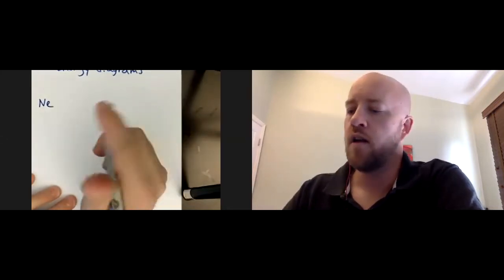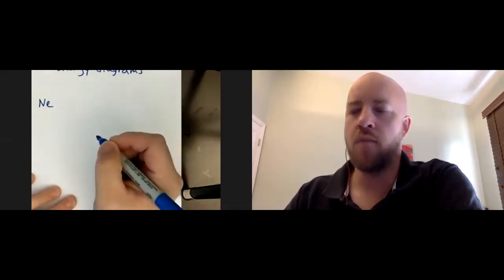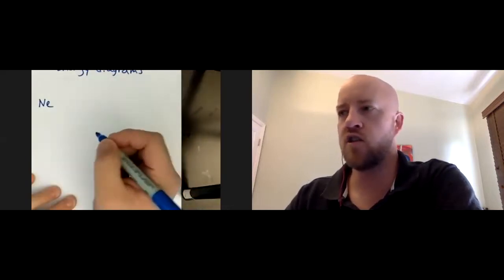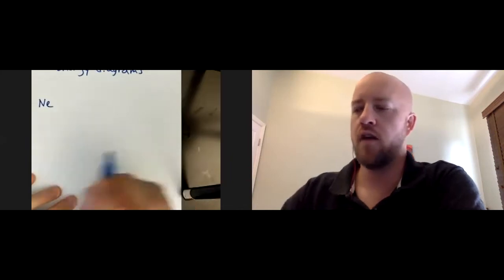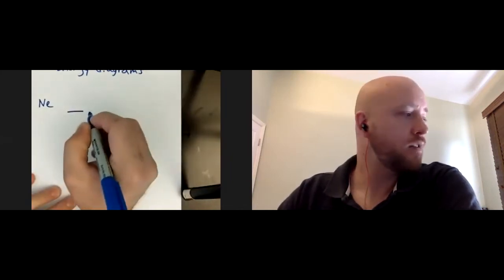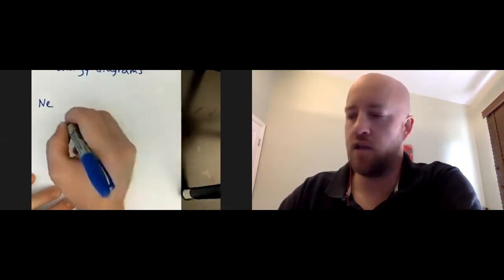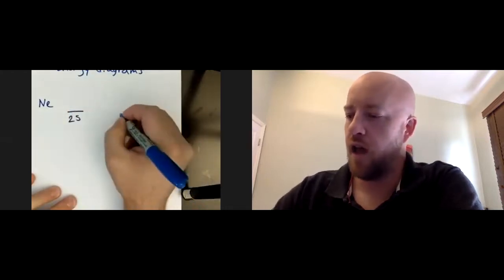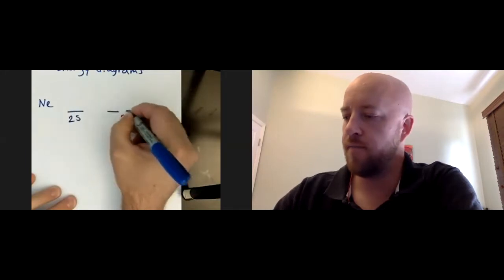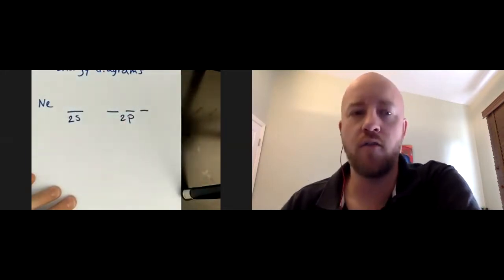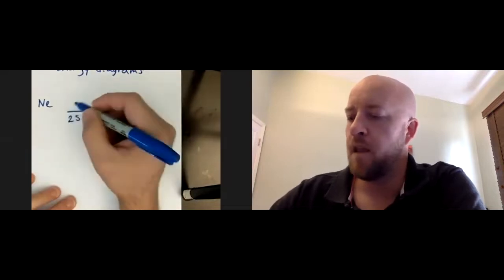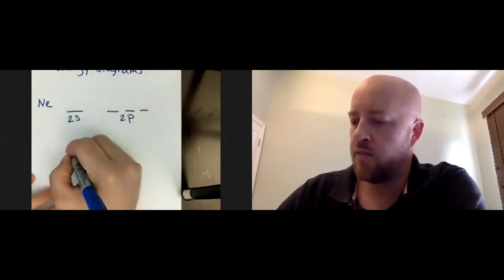Instead of writing the whole energy diagram, usually what you'll see is just the highest level of the energy diagram. In this case, neon is in the second energy level, so you'll see 2s and 2p as its highest energy level, right? So obviously the 1s is present.